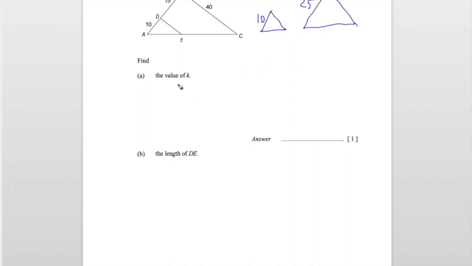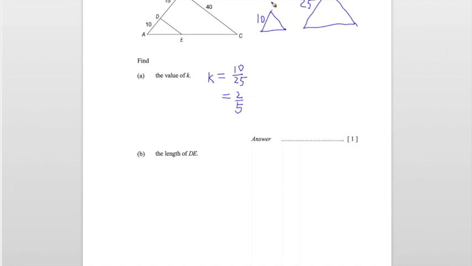Right, so the value of k, which is the scale factor of the smaller triangle, because it's mapped into the smaller triangle with a factor of k. So they want the scale factor of the smaller triangle, which is taking the smaller side over the larger side. That gives us 2/5.